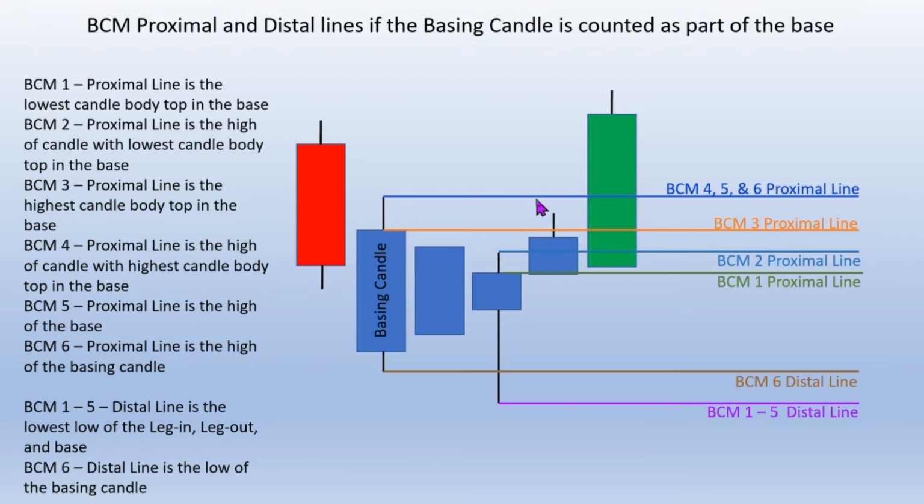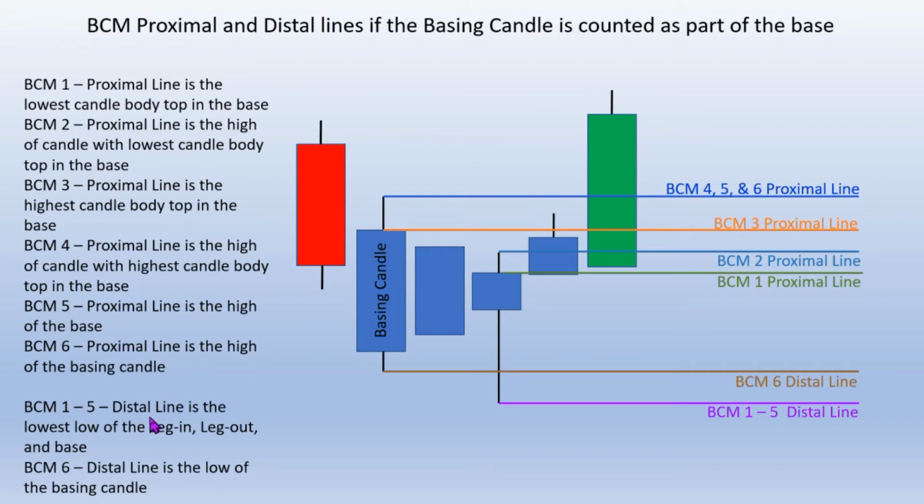Again, 5 is going to be using the high of the basing candle. And then for 6, the proximal line is the high of the basing candle. So you can see that when you include the basing candle as part of your base, it can result in you having a much wider base and more risk.